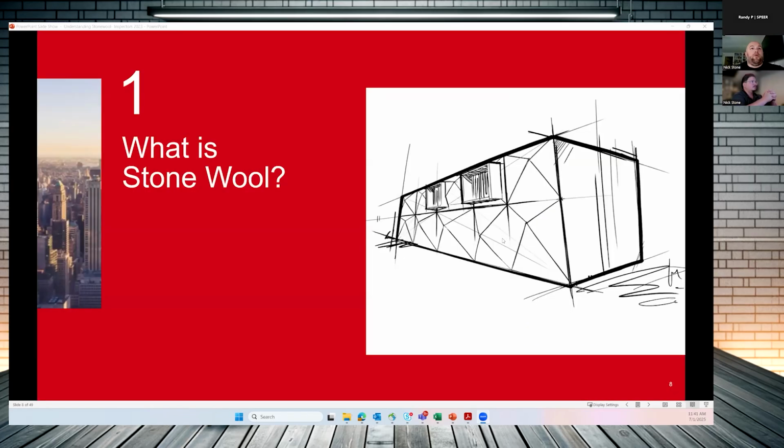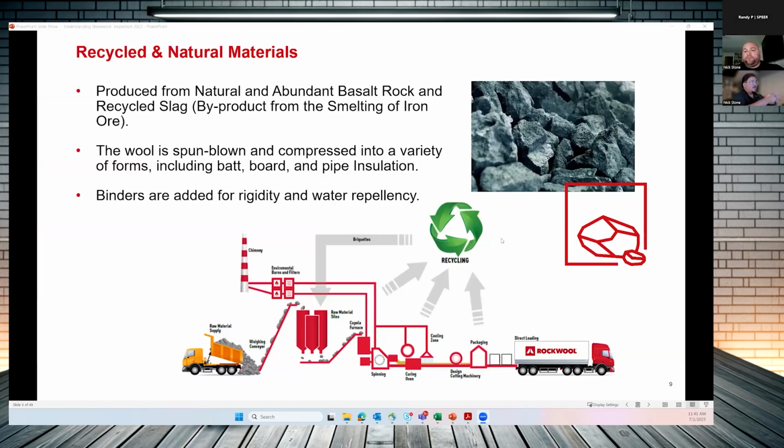So, Omar, what is stone wool? Yeah, so stone wool is basically just that. It is made from rock. Essentially, it is made from recycled and natural materials. It's produced from natural and abundant basalt rock and recycled slag, which is a byproduct from the steel manufacturing industry. The wool is essentially spun, blown, and compressed into variable forms, including bat, board, and pipe insulation.